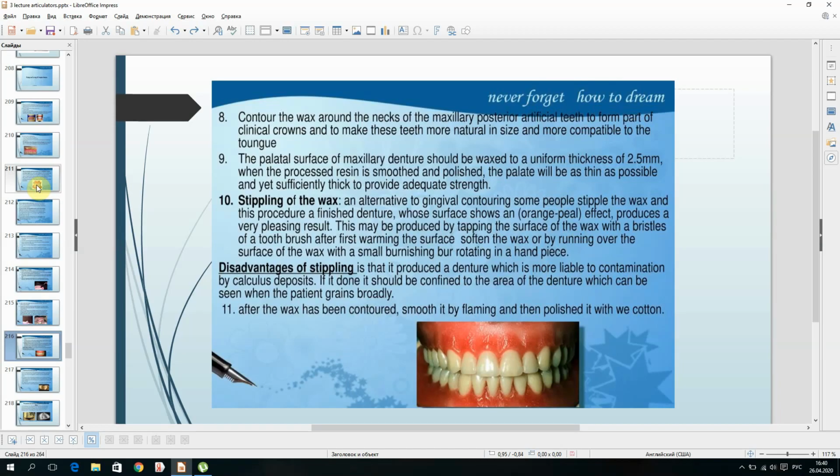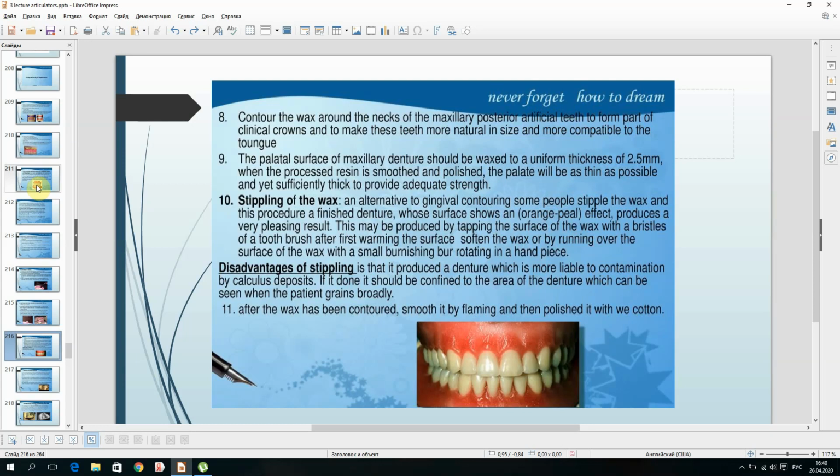This may be produced by tapping the surface of the wax with the bristles of a toothbrush after first warming the surface to soften the wax, or by running over the surface of the wax with a small burnishing burr rotating in a hand piece.